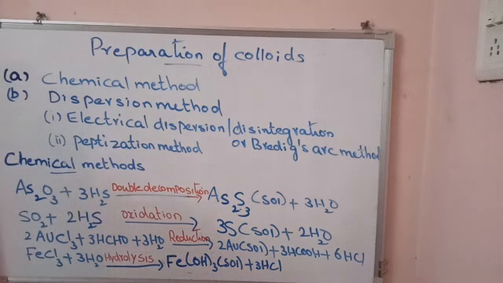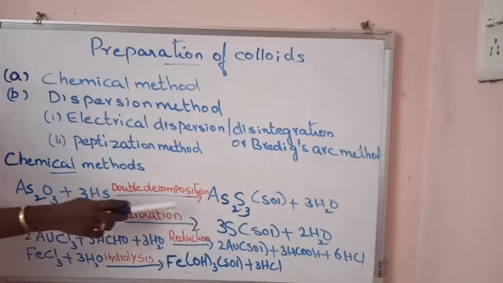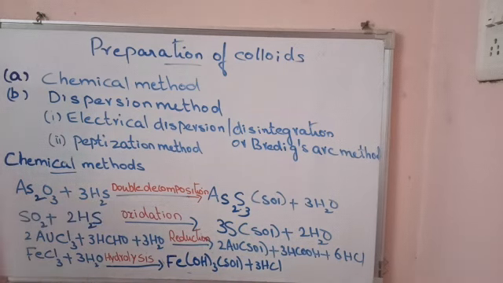Let us see the first method, chemical methods. Different chemical methods for the preparation of colloids are double decomposition, oxidation, reduction and hydrolysis. Arsenious sulfide sol can be prepared by the double decomposition method.